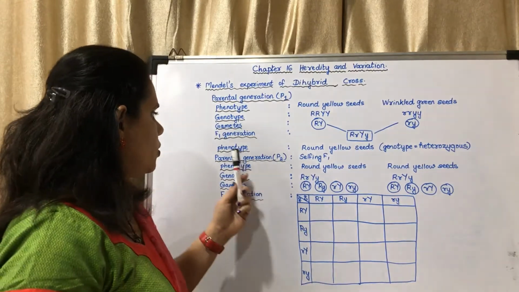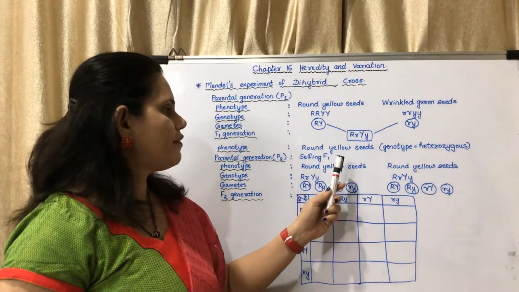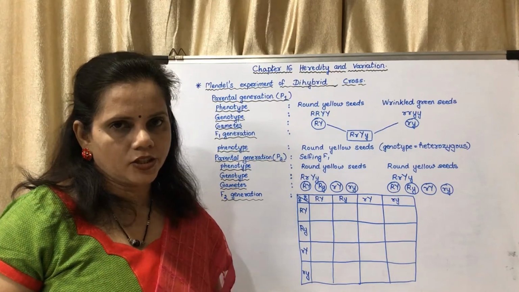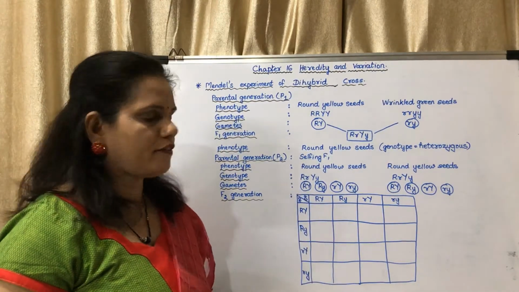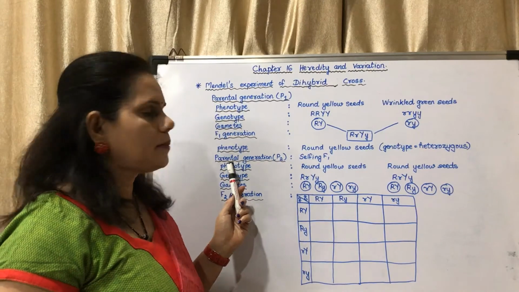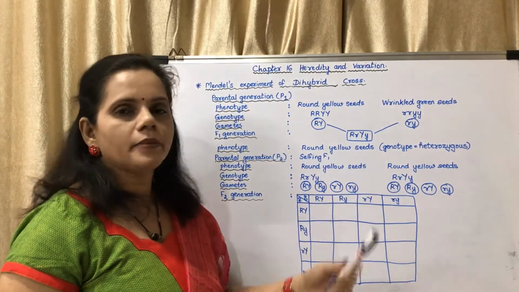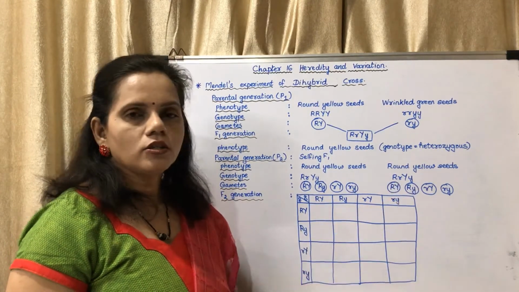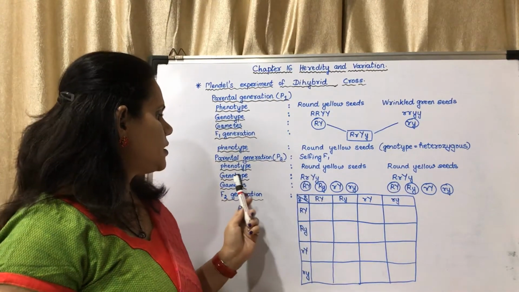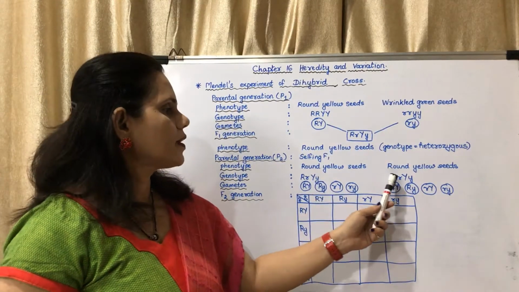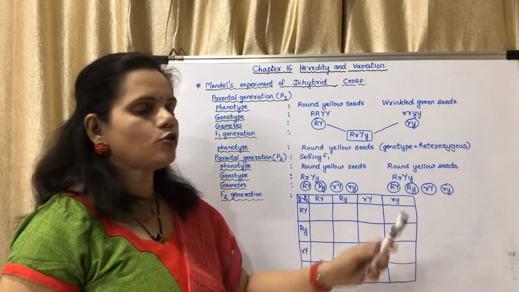Now the next generation, selfing of this generation, that means the cross was done within the same plant, that is selfing of F1. What will be the phenotype? The male part will have round yellow seeds and the female part also round yellow seeds. The genotype is capital R, small r, capital Y, small y in both.